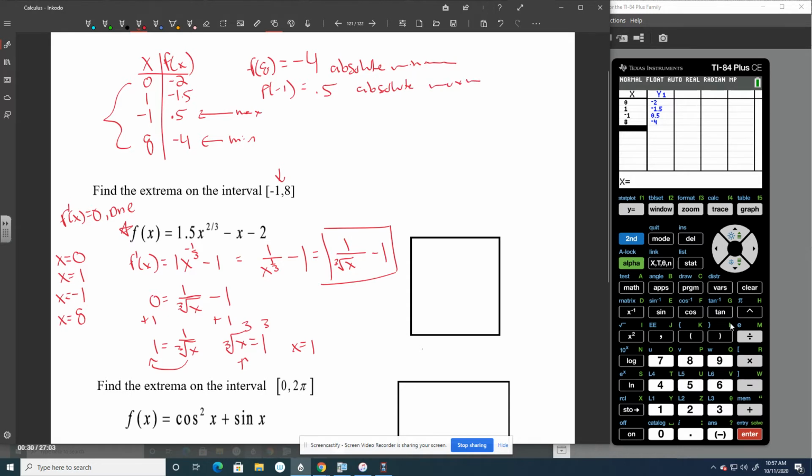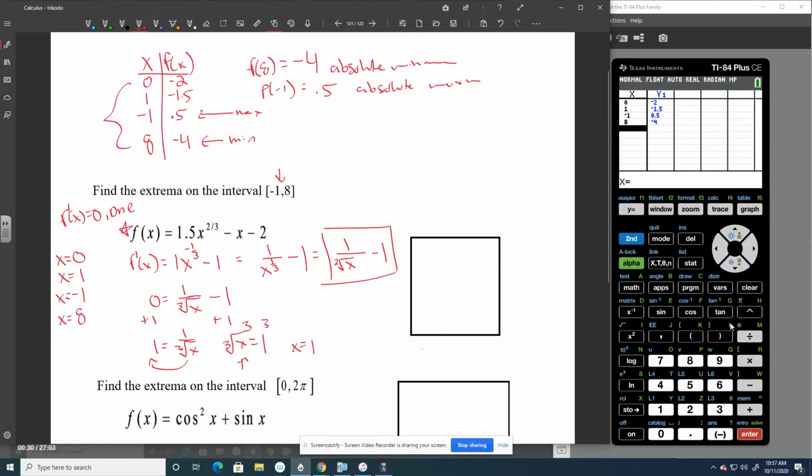So if it's asking for the extrema, it's not asking where it happens. It wants that value. So be careful that you don't give them a point. You make sure that you give them the value, the absolute extreme, which is -4 and 0.5.